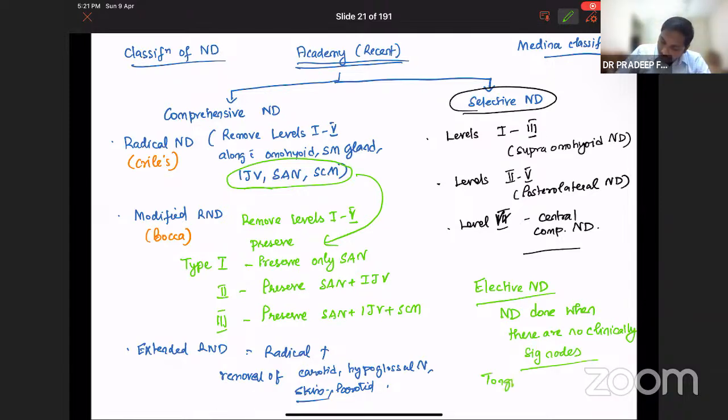In tongue alone, you have to remove up to level 4 because of risk of skip metastasis in 16% to the level 4 nodes. Whereas for buccal mucosal cancers, floor of mouth cancers and other areas, you can go with levels 1 to 3, that is supra-omohyoid neck dissection alone.